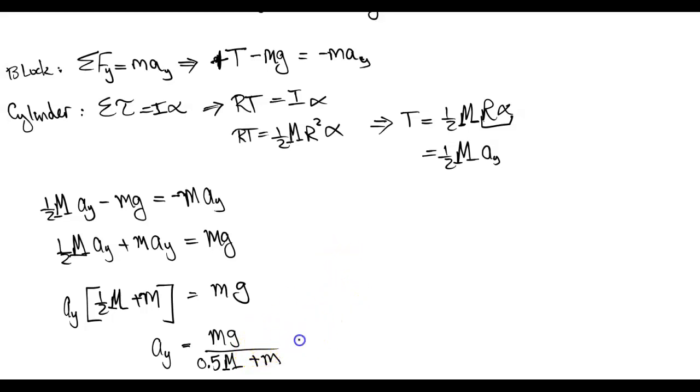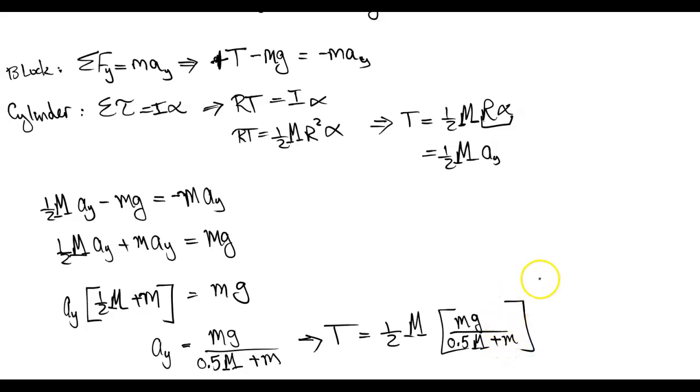Which means if we plug this back into the tension, T equals 1/2 big M times a, which is little m g over 1/2 big M plus little m.